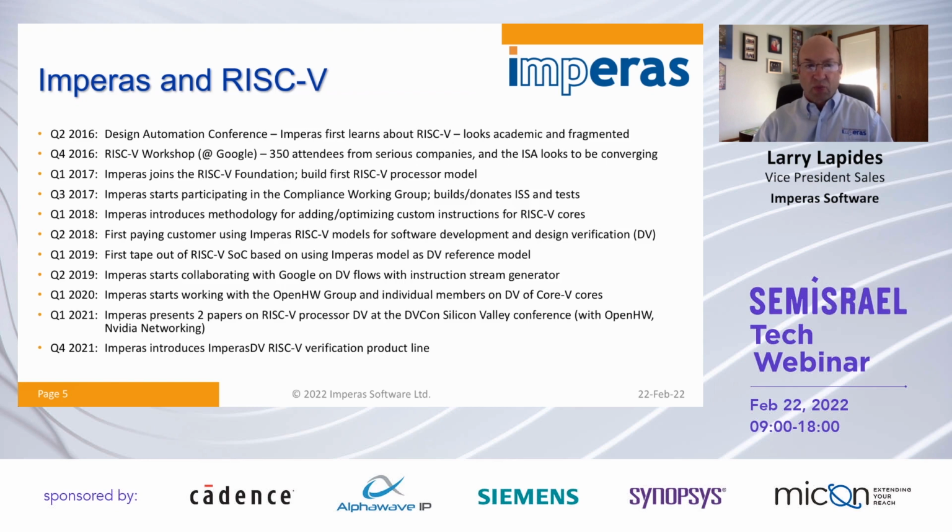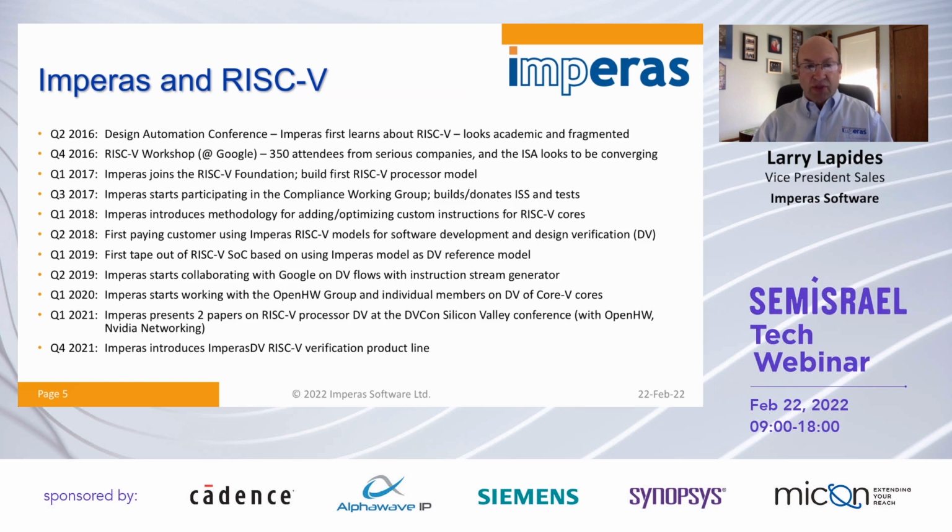And so we joined the RISC-V Foundation. We built our first RISC-V processor model, and we started participating in the RISC-V community, specifically in the compliance working group. And we built and donated an instruction set simulator and compliance tests.